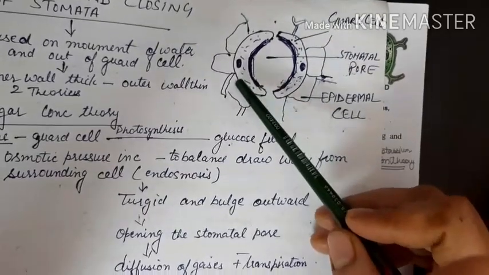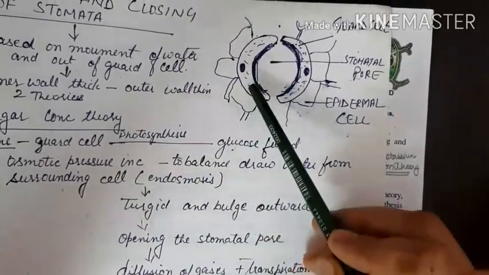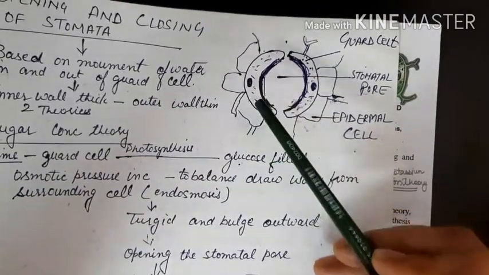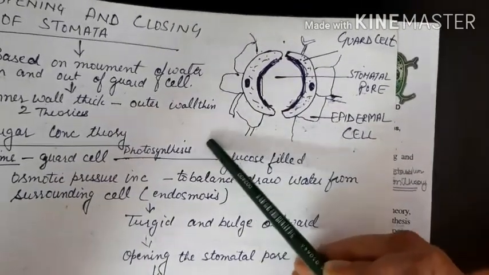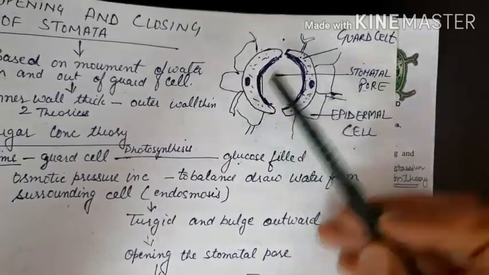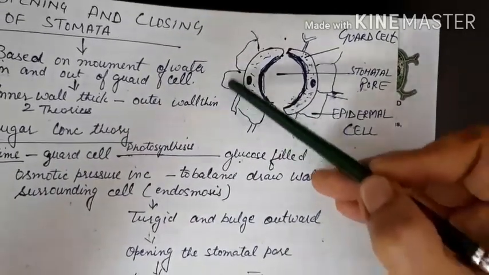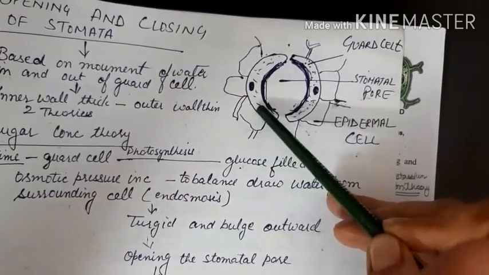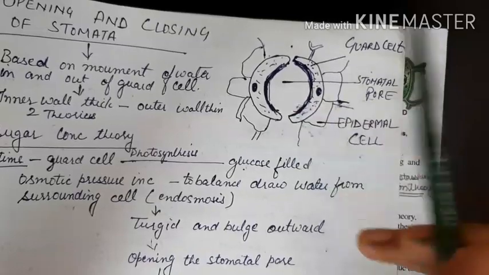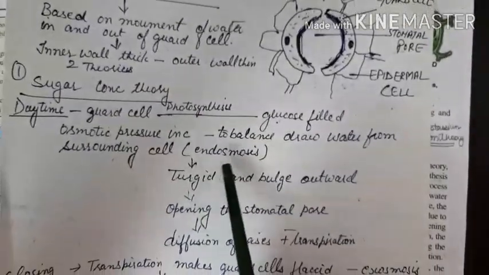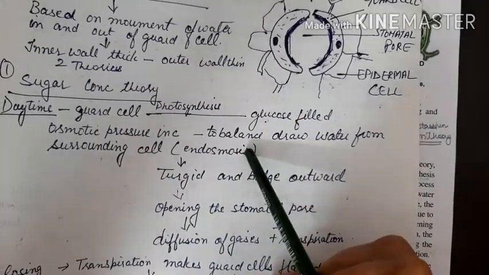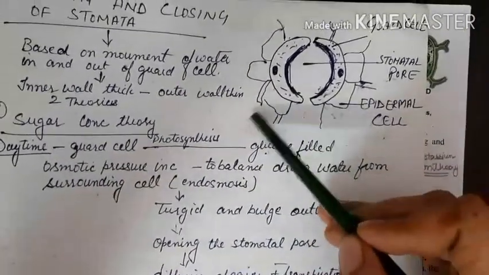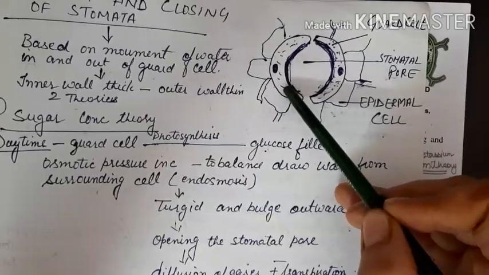This increases the osmotic pressure, and to balance this pressure the guard cells draw water from the surrounding cells, the epidermal cells. They take the water by the process of endoosmosis that you have studied in chapter number 4, that is, moving of water inside the cell.